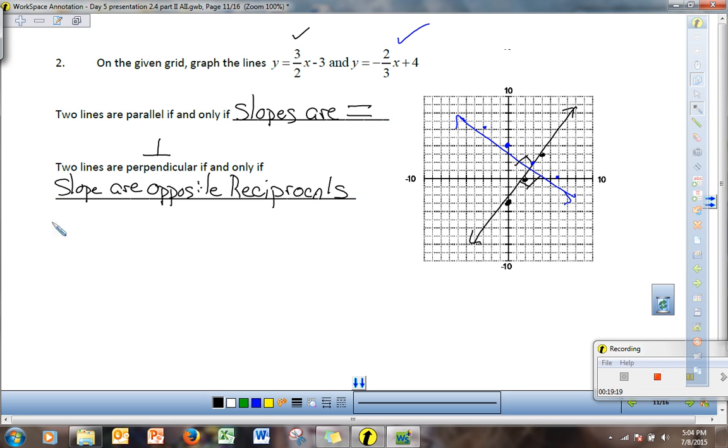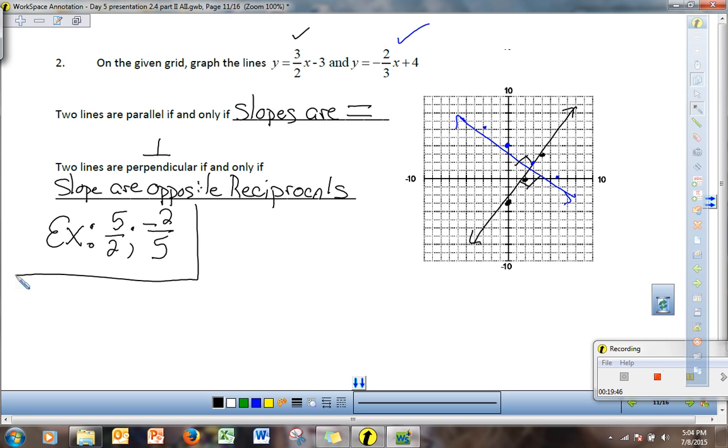Some examples. This is not on your note card or your sheet there. If one slope was 5/2, perpendicular to that would be negative 2/5. I flipped it and changed the sign.